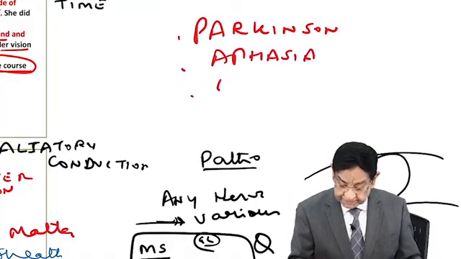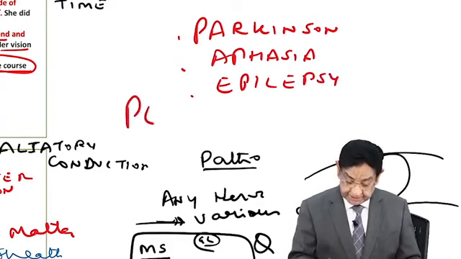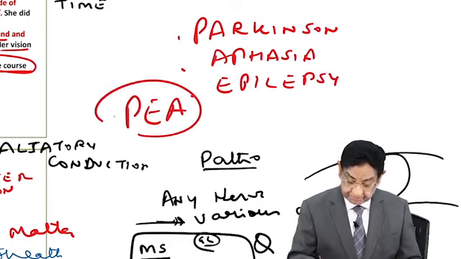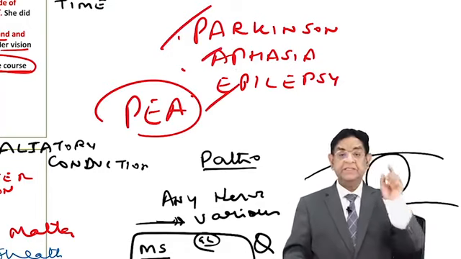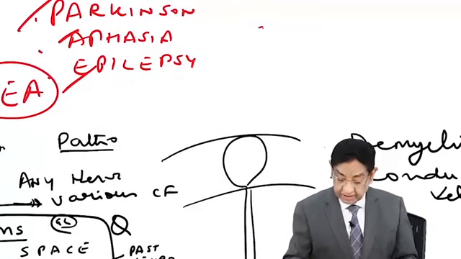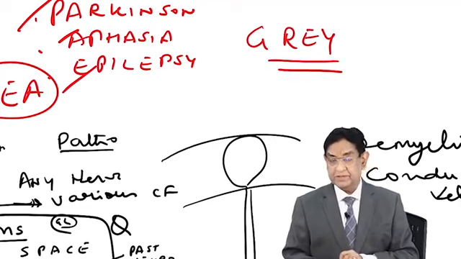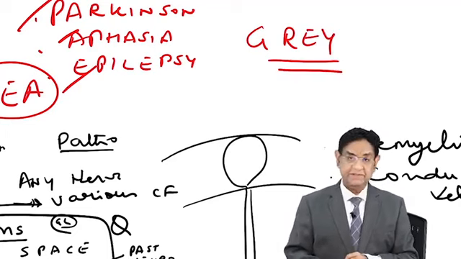And epilepsy or seizure disorder are not a feature. The mnemonic is P-P-E-A: Parkinson, Aphasia, Epilepsy. These things don't happen. Reason: they are all gray matter diseases. Point to be noted, multiple sclerosis is a white matter disease.